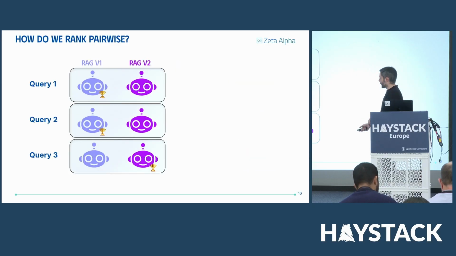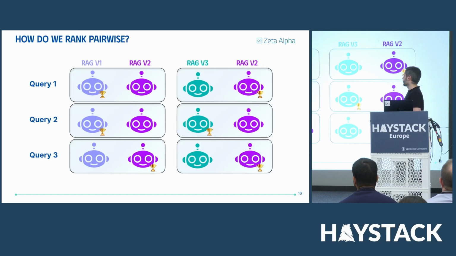So let's say you're playing this game for different queries, right? So for some queries, one version will be better, and for other queries, the other version will be better. So you can think of ranking these systems like V1 and V2 in that way, like which one won more times. That's one thing you could think about. But the problem is that what if you now introduce more versions, right?